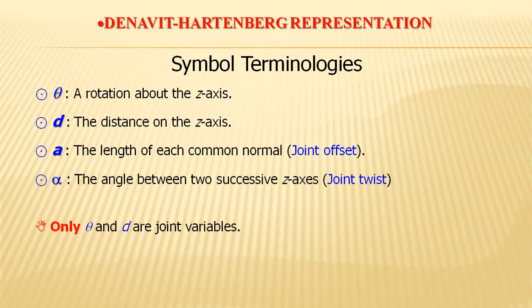So basically, the major principle of this Denavit-Hartenberg principle is that it has four different parameters which specify the movement of the links supported on the previous link, and that particular joint plays a major role.